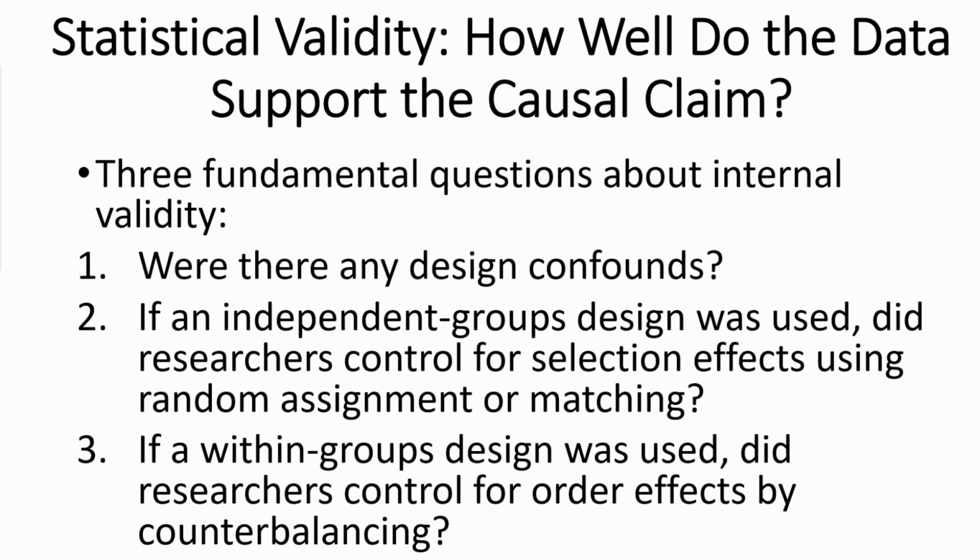And then for our third point, if you used a within groups design, did the researchers control for order effects by using counterbalancing? Or is order effect not an issue because of some other considerations to take into effect? So just a bunch of ways that you can think critically in terms of our internal validity.